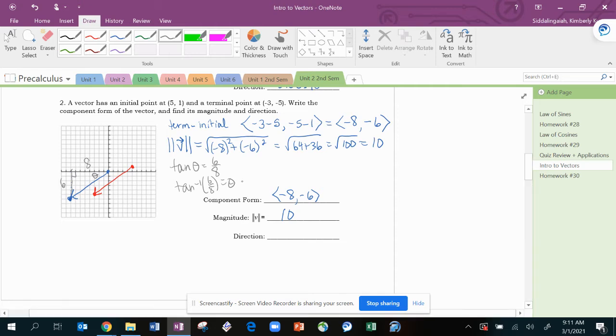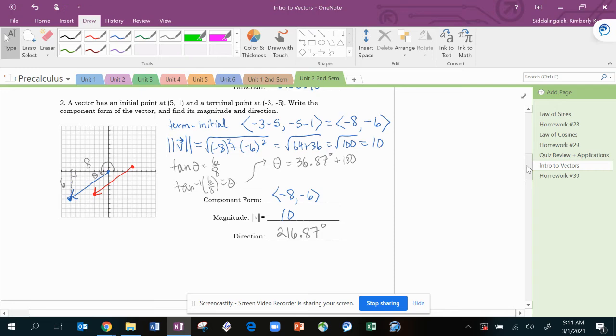So this is giving me that theta is 36.87 if I'm rounding to 2 decimals. But I have to account for the fact that this is really over 180 degrees. So I'm going to add 180 to that answer. And I get 216.87 degrees.